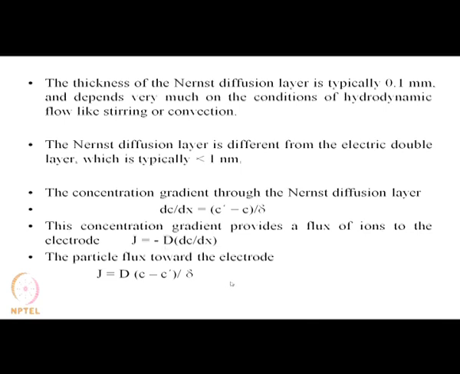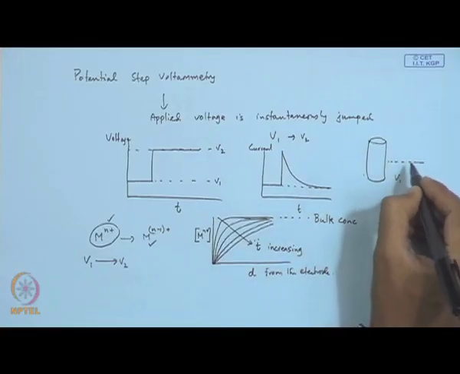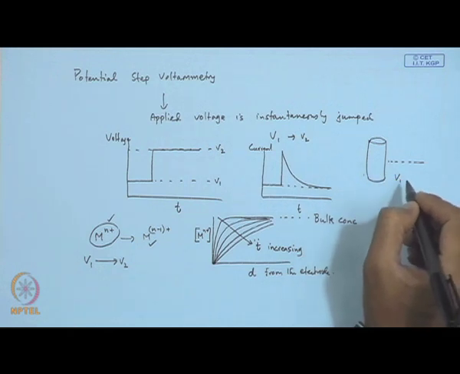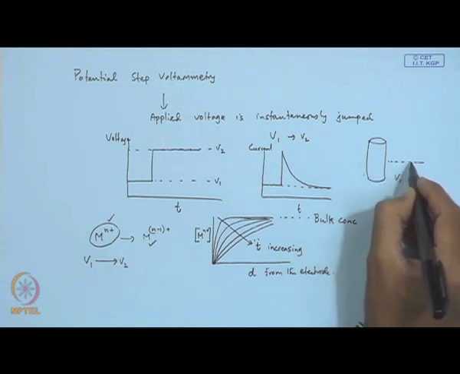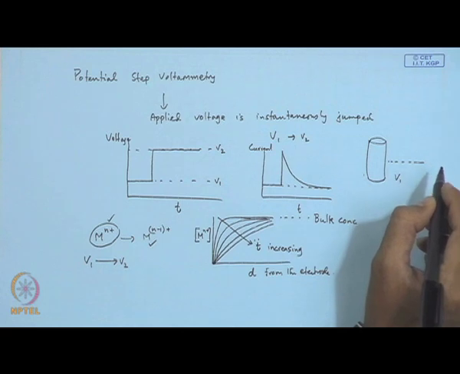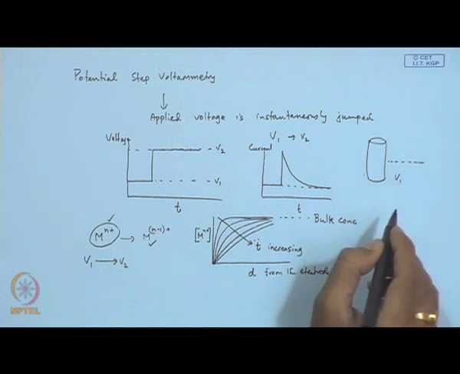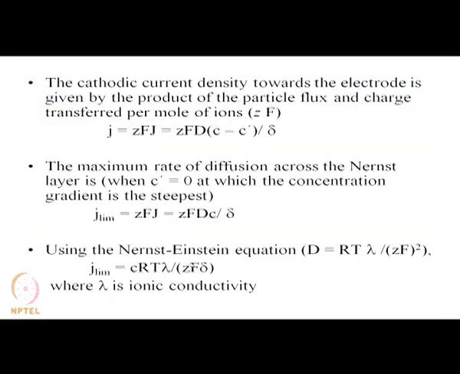So, the particle flux towards the electrode is given by J equals D times this, which I already told you. The process is rate limited by the diffusion of the ions, and this particle flux can be expressed in this way.